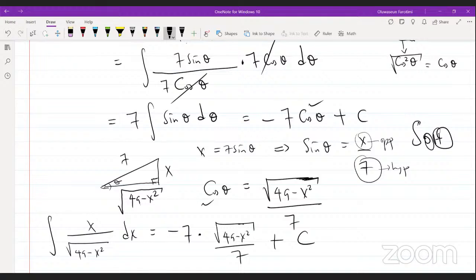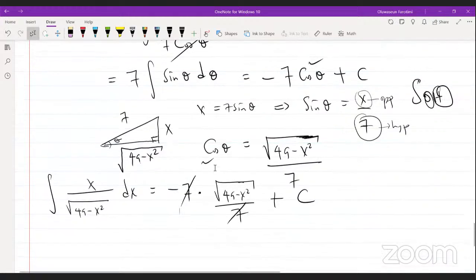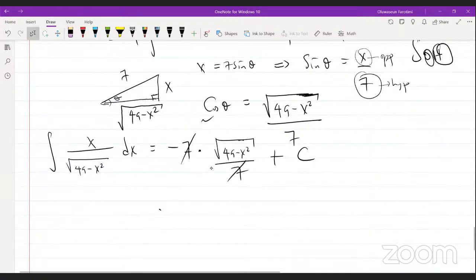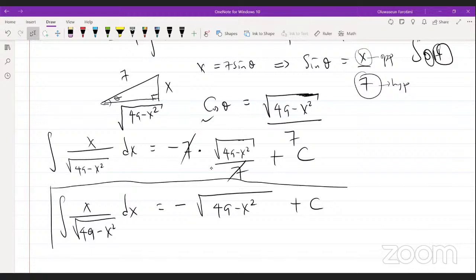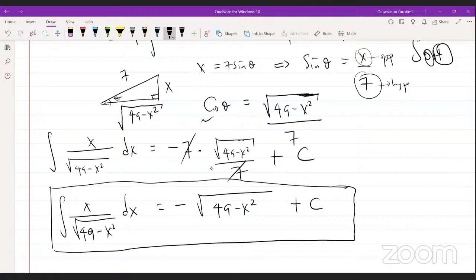What can you find out, guys? 7 takes off 7. And then we conclude that this is just negative square root of 49 minus x squared plus c. Okay, that is what we get.